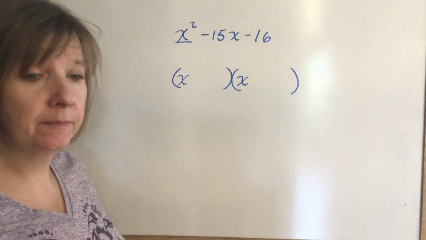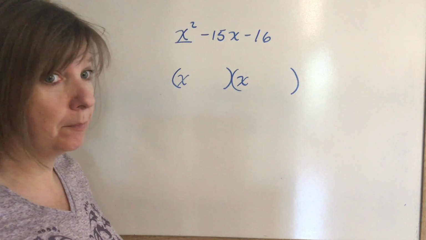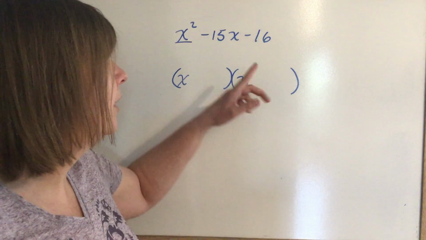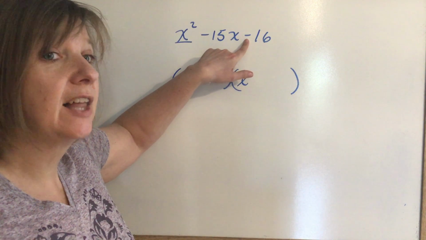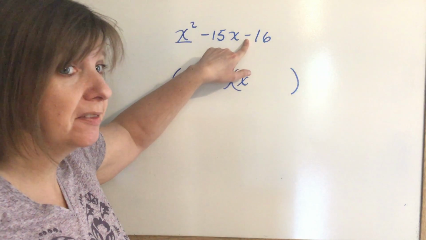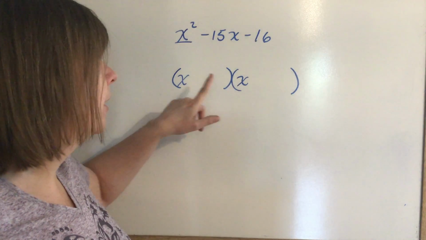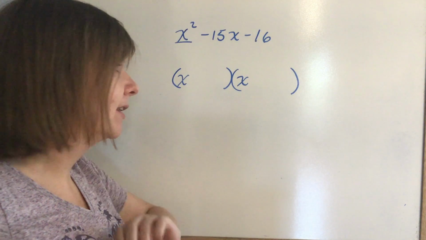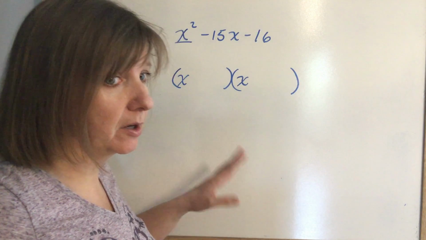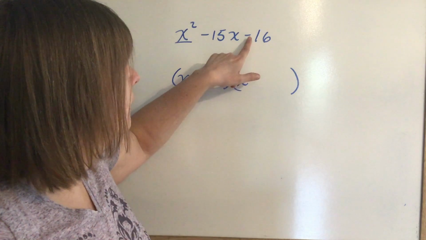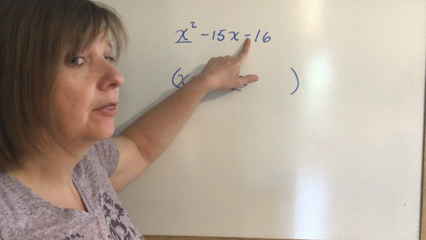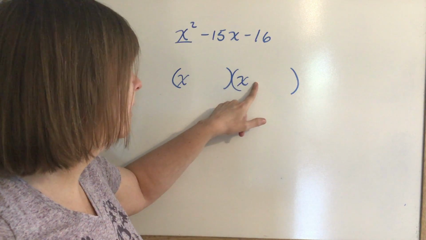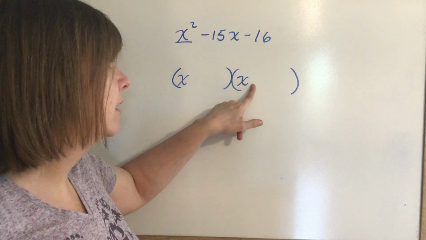And I said then you need to make a decision about the signs. And to do that, first look at the last sign. If it's negative, then one bracket is a plus and one bracket is a minus, and it doesn't matter which one you put it in, okay? If this was a plus, then either you'd have a plus and a plus here or a minus and a minus here.